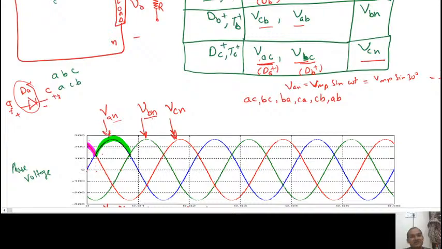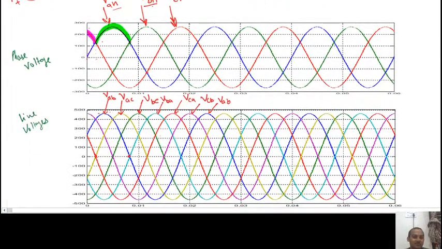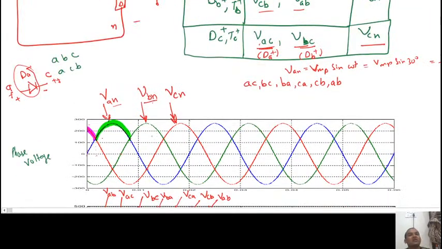Just see when BA becomes positive. BA becomes positive here, after 120 degrees. So before that, A is going to conduct. That's why I have marked from here to here.